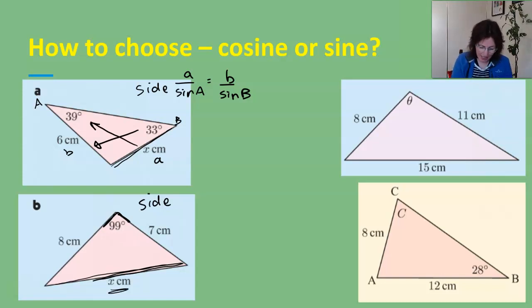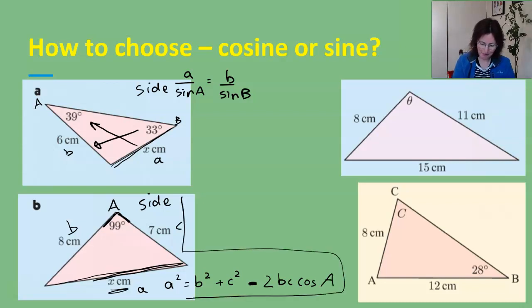Again, we can label it, so we could call this little a and the side over there capital A, and call the other two sides b and c. Doesn't matter which one is which. And the formula for this would be a squared is equal to b squared plus c squared minus 2bc cos of capital A. And so that matches this one.